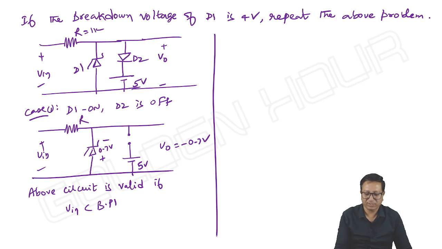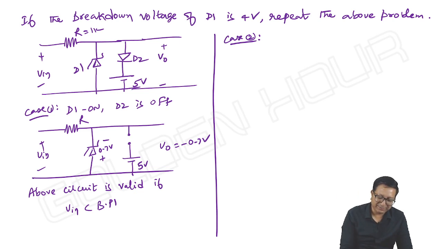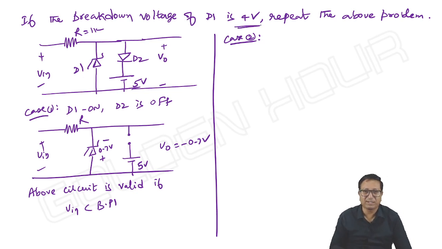Next, case 2. Input is positive and less than breakpoint 2. What might be breakpoint 2? Generally what we think is 5. But if you look at the breakdown voltage of D1, it is 4 volts, which is a smaller value. We have to look at the smaller value first. Which comes first after 0, 1, 2, 3? 4 comes first, 5 comes later. So breakpoint 2 might be 4.